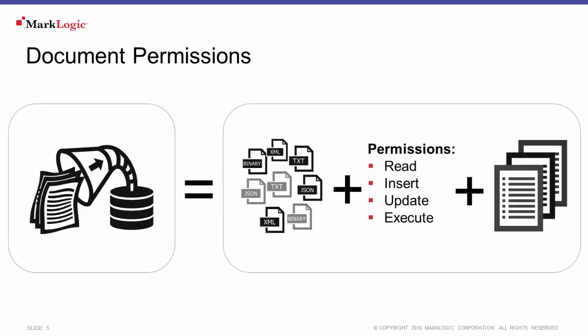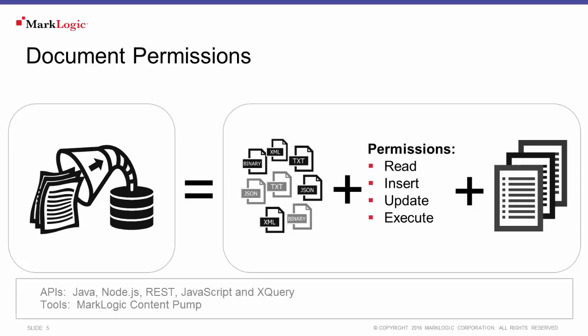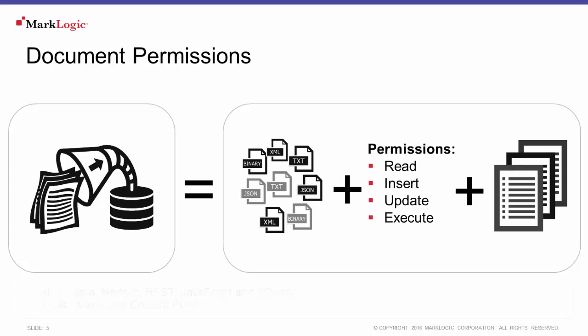Let's get started by talking about controlling access to content within our database. No matter which API or tool you use to load your data, you get to control permission metadata. The end result of loading data into a database will yield documents, their indexes, and the document metadata, which includes permissions.